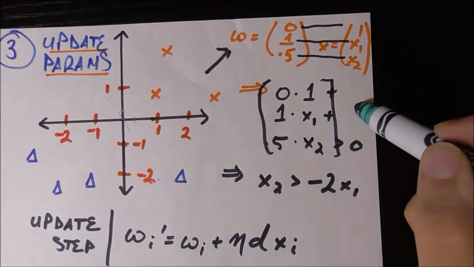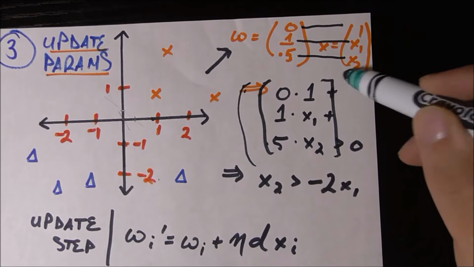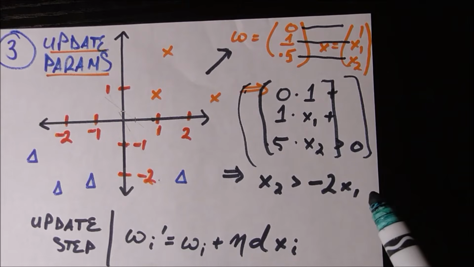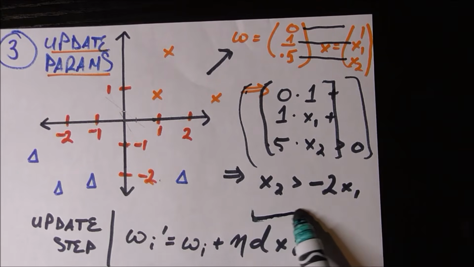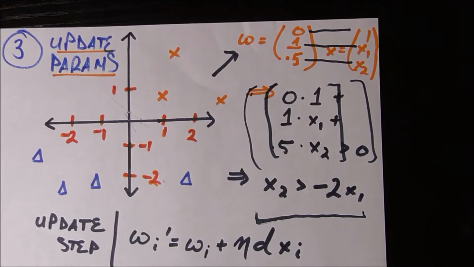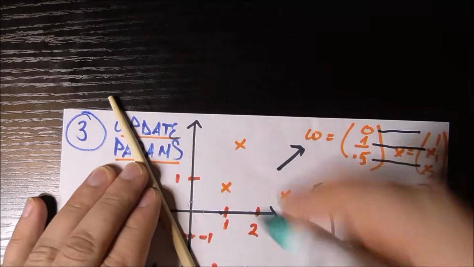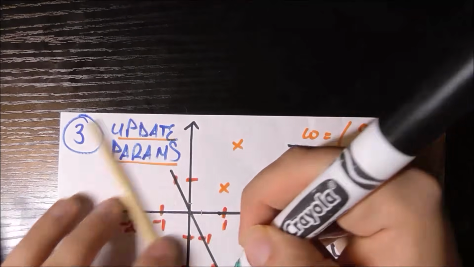Now, if you take this inequality right here, this dot product bigger than 0, and you simplify it, what you're going to get is x2 is bigger than minus 2x1, which is just the equation of a line in the plane, right? And which line is that? So we see that that line is just given by this right here.